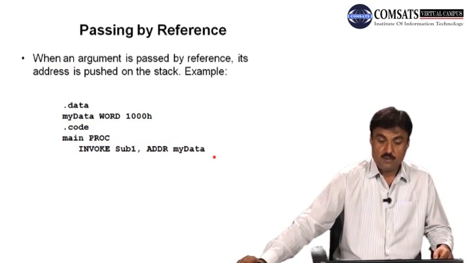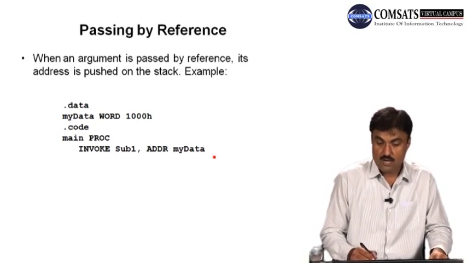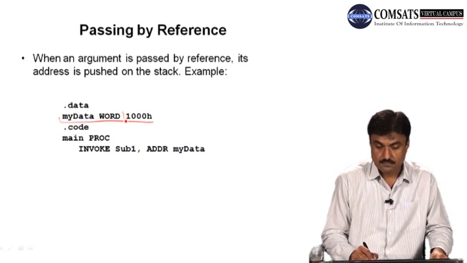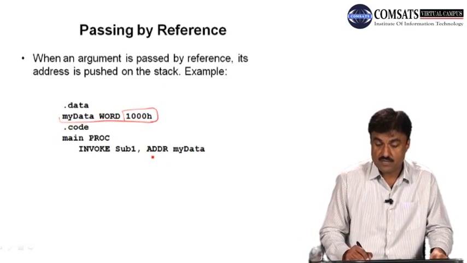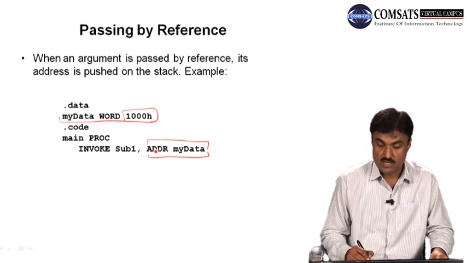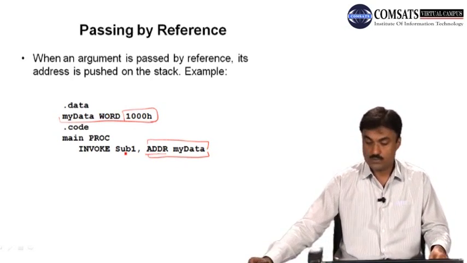Now the third one is by reference. By reference means we are not passing the value, but we are passing the address, a reference address which refers to the actual value. So we use the ADDR address directive, and it will actually push the address.